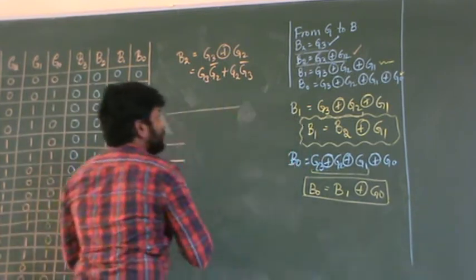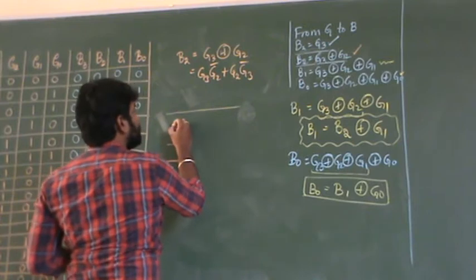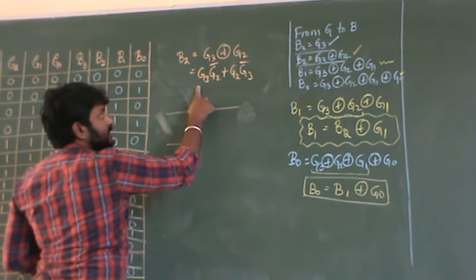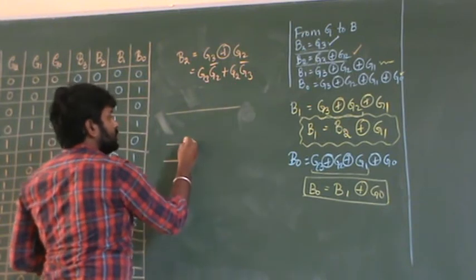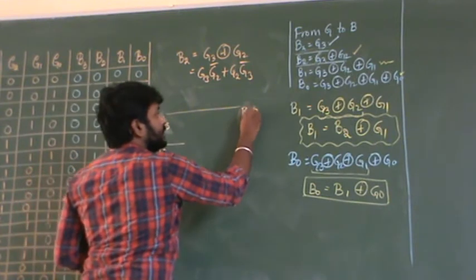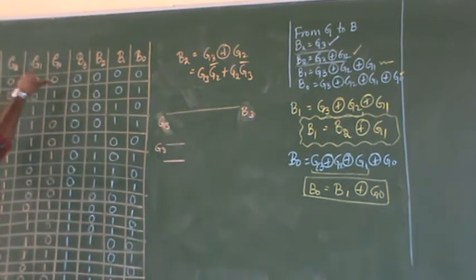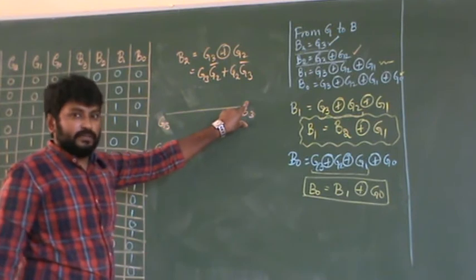Towards the left side, this expression is G3 G2 bar plus G2 G3 bar. So G3 here, and here also G3. We are converting the gray code to binary, so towards the left side G3 will be there, and towards the right side B3 will be there.